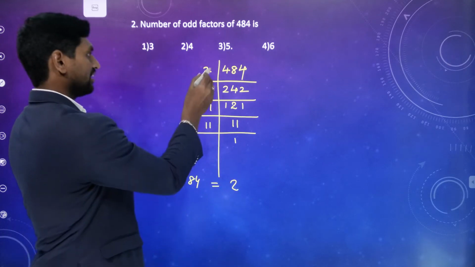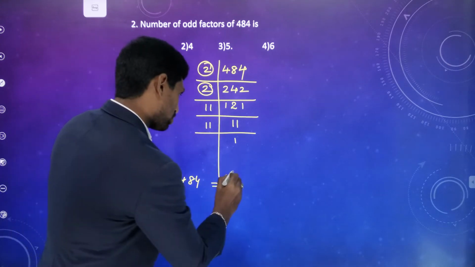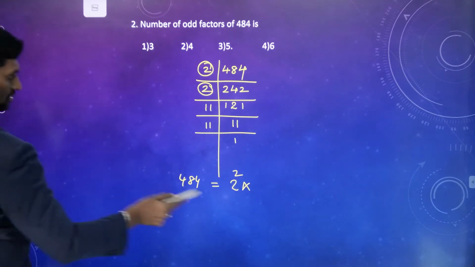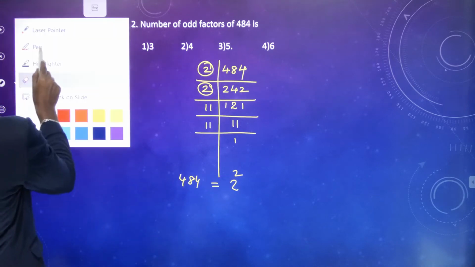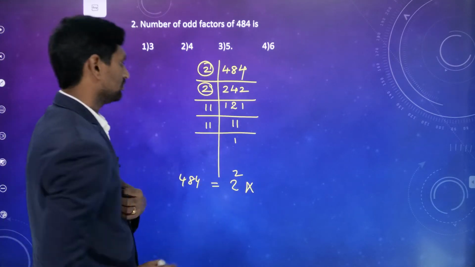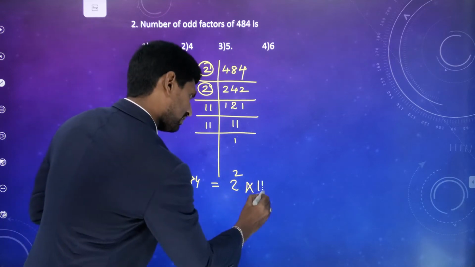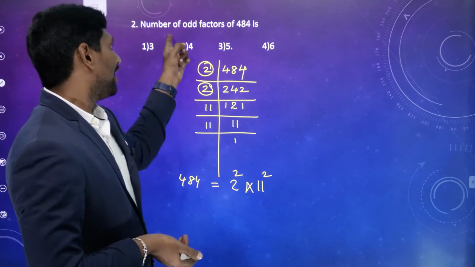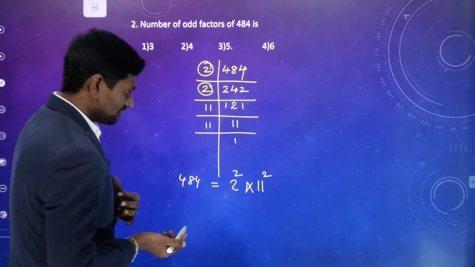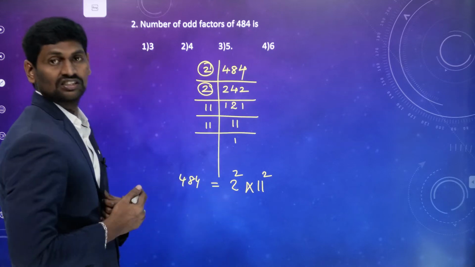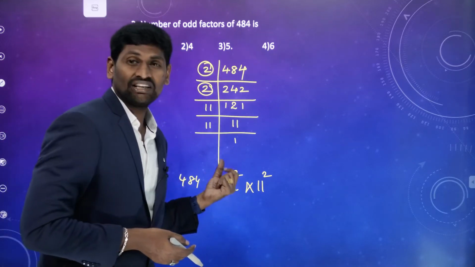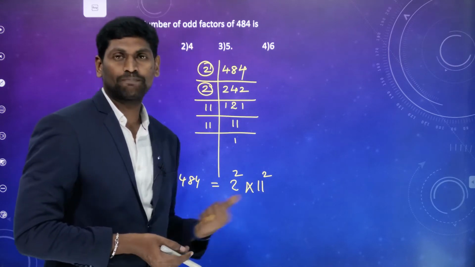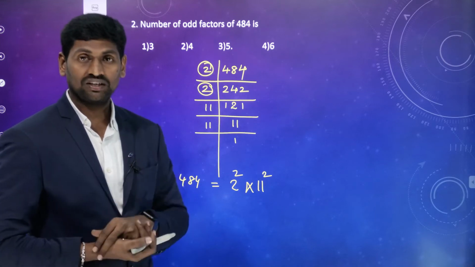How many 2s are there? 2 2s. So 2 square into 11 square. Now here the trick is odd factors from these 2 prime numbers. 2 is an even prime. 11 is an odd prime, an odd number, right?